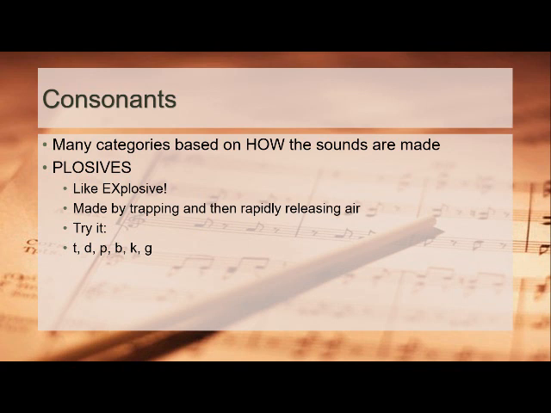The letter D, d, d, d. Notice that my mouth is doing exactly the same thing for T and D, but my voice is engaged on the letter D. That's because T is an unvoiced plosive and D is a voiced plosive. So they're exactly the same shape in the mouth, but one also has the benefit of my vocal cords.